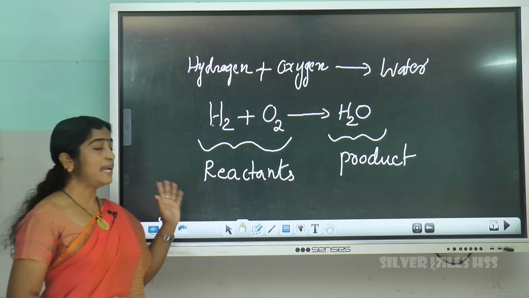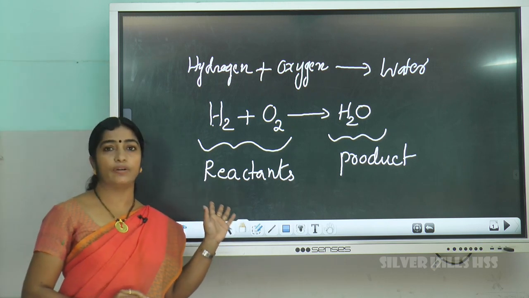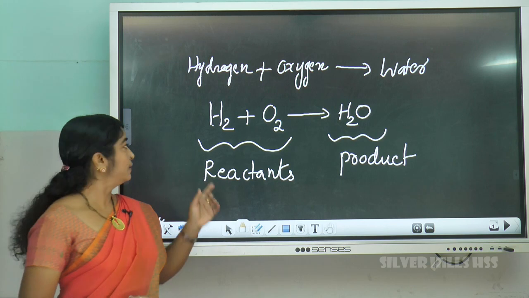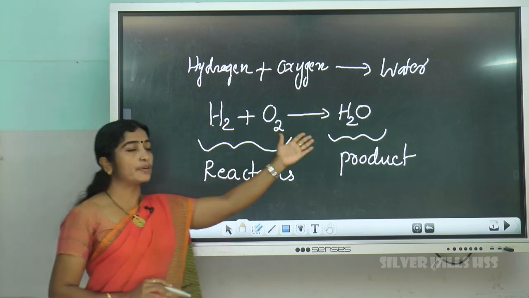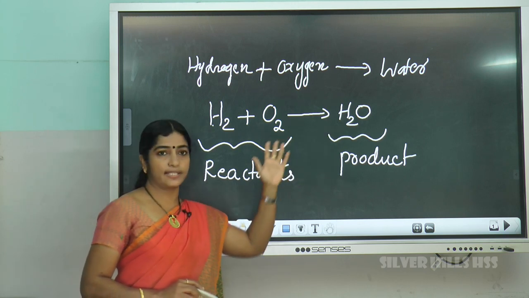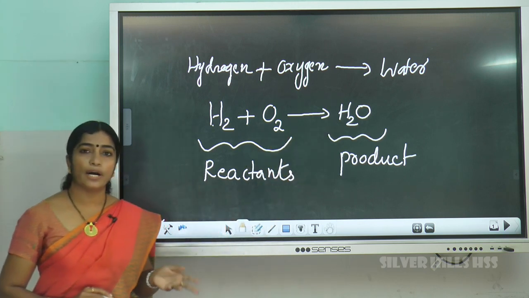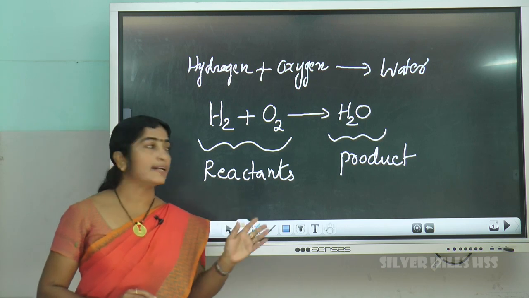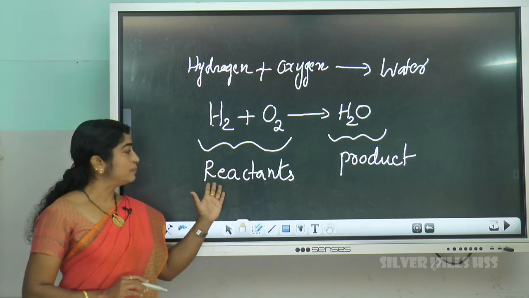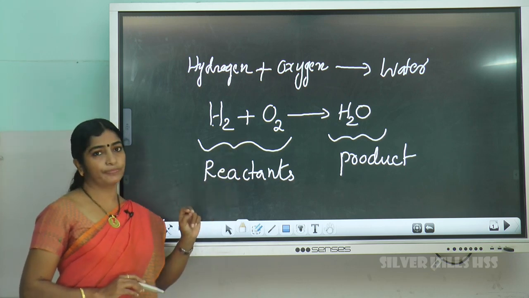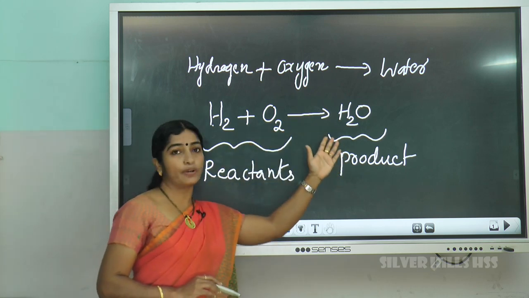Then how many hydrogen atoms are on the reactant side? The number of hydrogen atoms is 2. How many hydrogen atoms are on the product side? 2 hydrogen atoms. That is, the number of hydrogen atoms on the product side and reactant side are equal. How many oxygen atoms are on the reactant side? 2. How many oxygen atoms are on the product side?